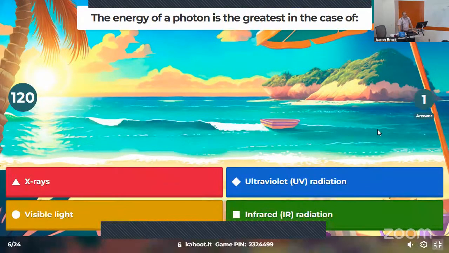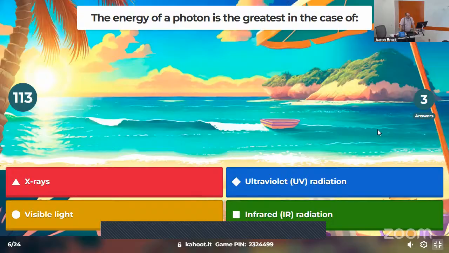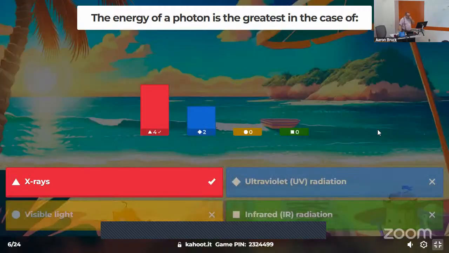In which case is the energy of the photon the greatest? So we're on the right side of the spectrum, at least.